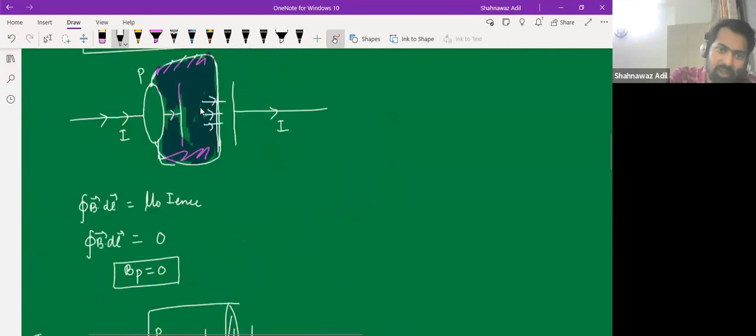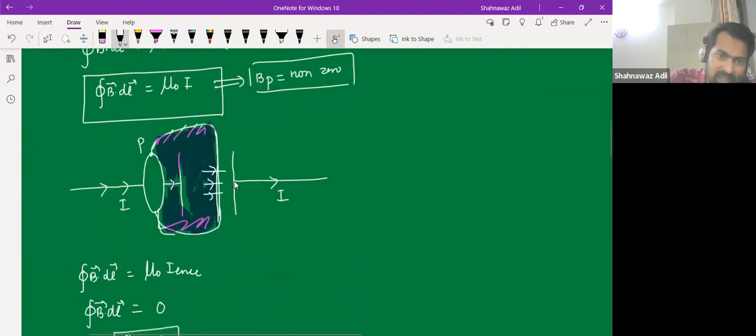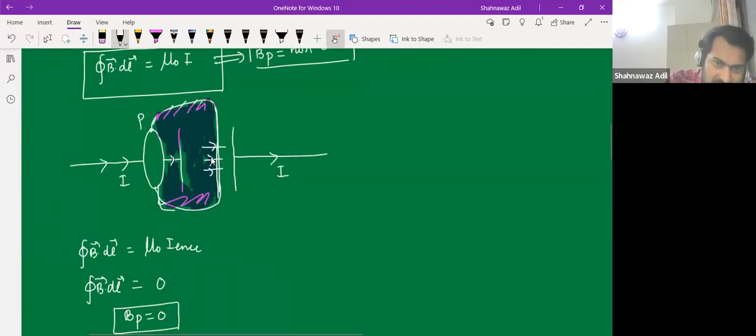So if I consider that there is some current flowing inside the capacitor, then I enclosed would include that current, and then Ampere's circuital law would be fine. Is that clear? Yes, sir.